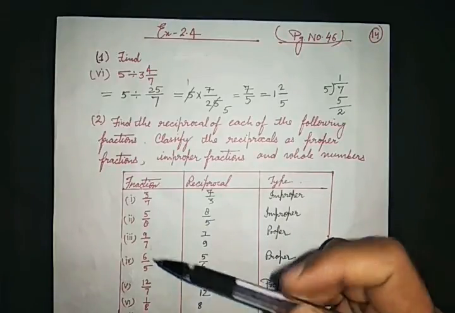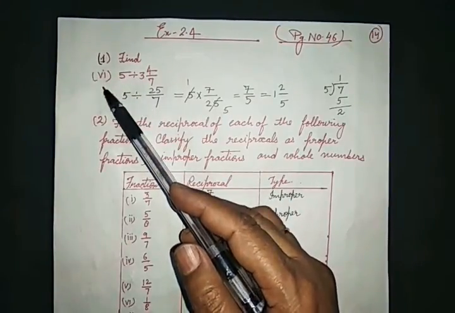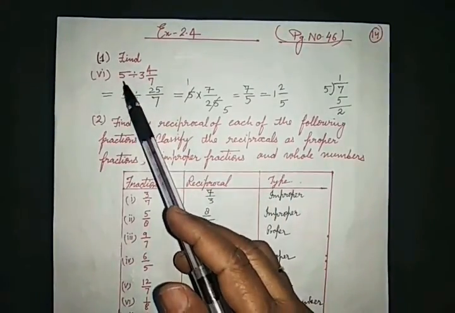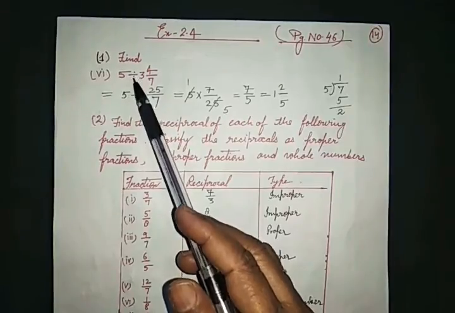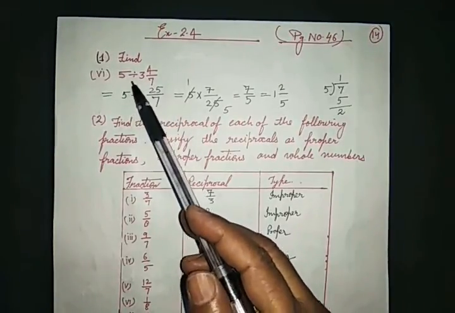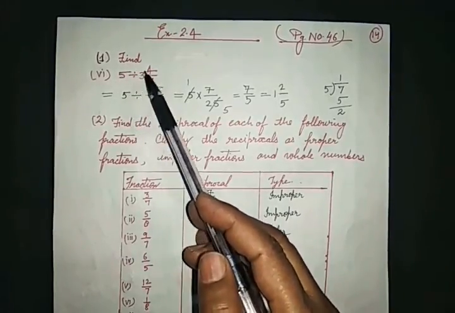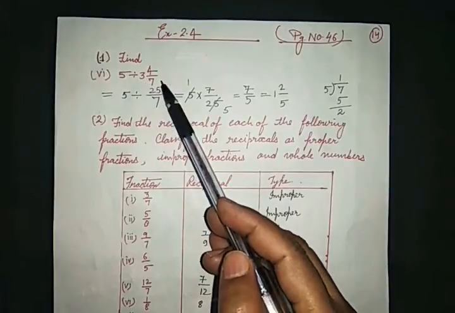Now see the first question, 6th part. Here the question is 5 divided by 3 whole 4 upon 7. The 5 is a whole number which we are going to divide by a mixed number.